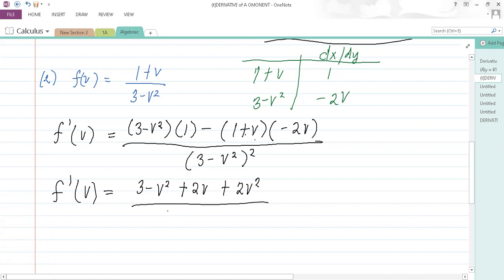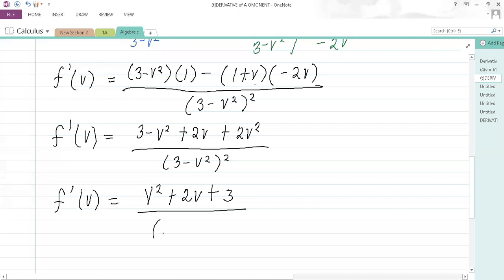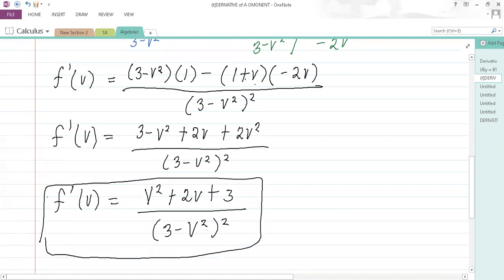Okay, so this is over 3 minus v squared over 2. Okay, so meron tayong like term na v squared. So ang final derivative na natin is we have negative v plus 2v. Ang matitira na lang, mas malaki yung positive, kaya positive v squared. So plus 2v plus 3 over 3 minus v squared over 2. So this will be now our derivative for the given function.